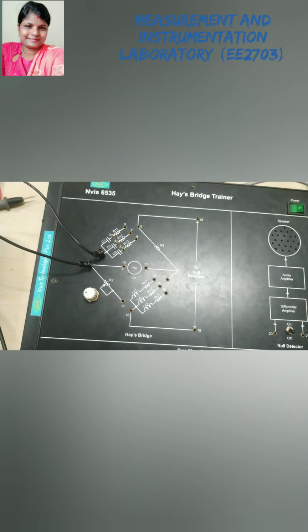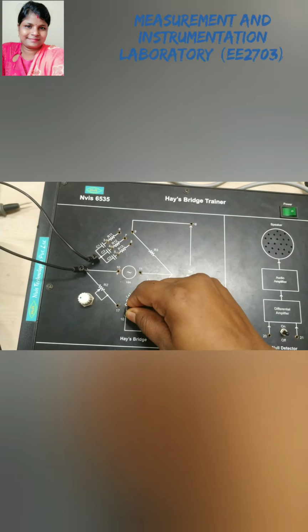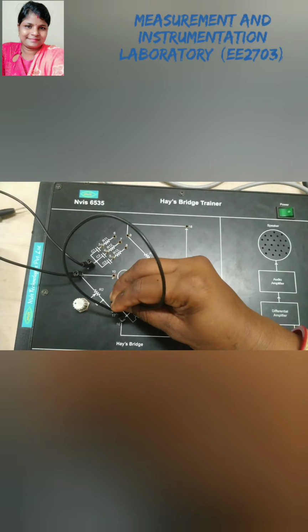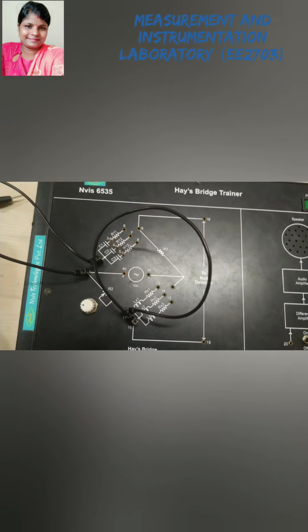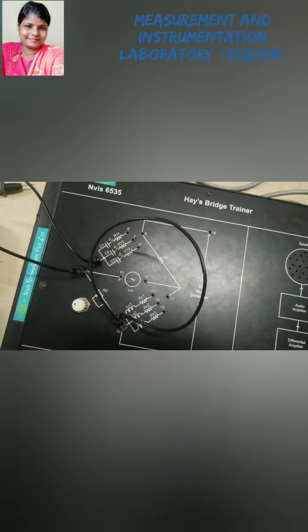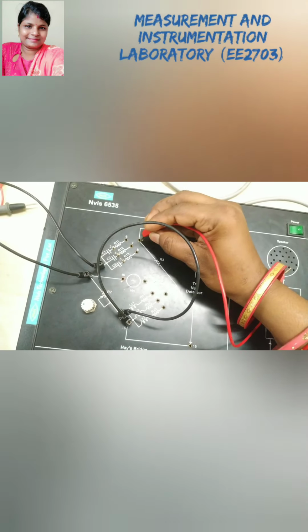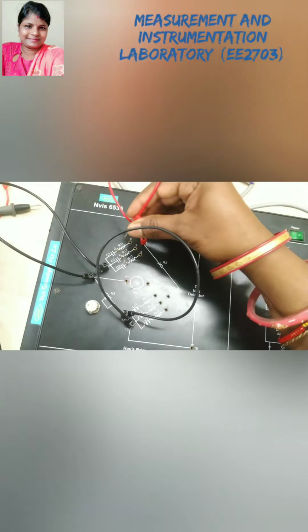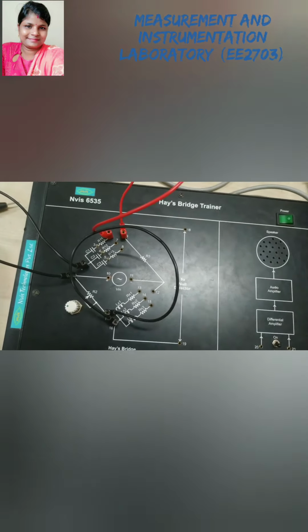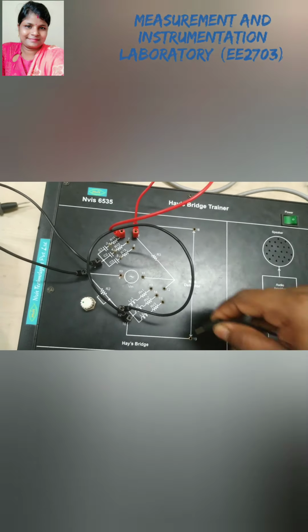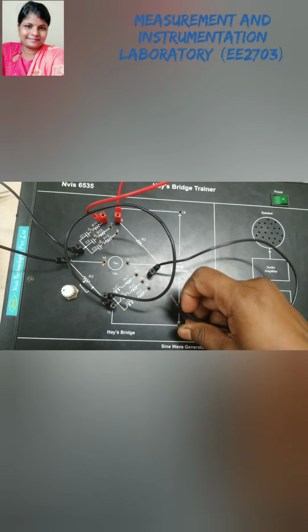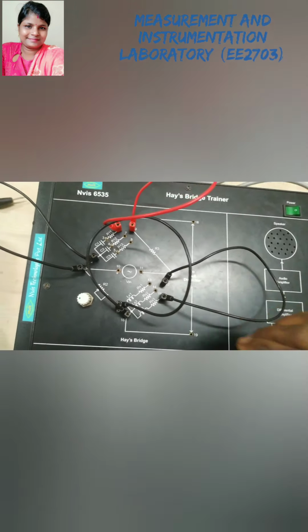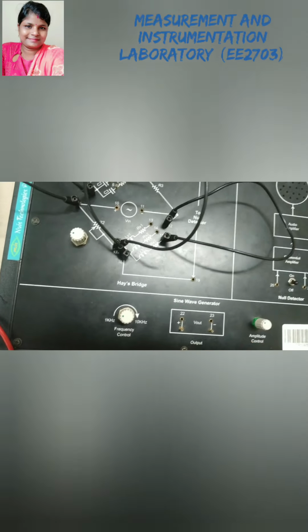Next connect terminal 16 and 17. Next take another patch cord, connect between 9 and 6. Take another patch cord, connect between 12 and 15. So LX3 and RX3, so connect in 15.